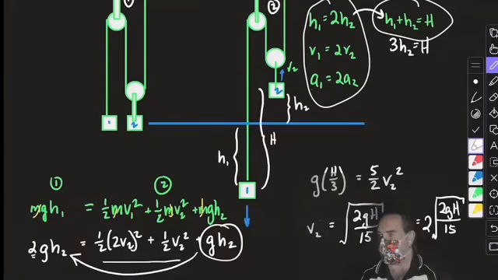Why doesn't the reverse happen? I don't think we can study that from energy. I think we can only study that by talking about force. So I think you would have to look at the forces acting in the system to determine which direction this would go.